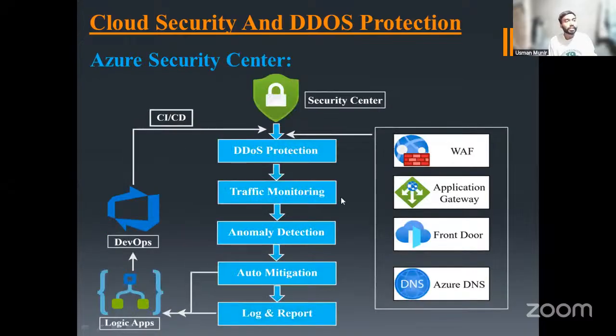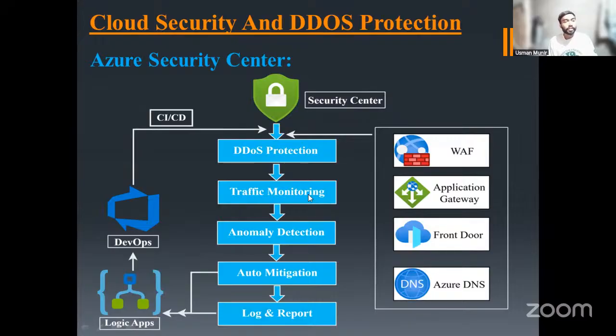In Azure cloud, we will use Azure Security Center services. Azure Security Center helps apply web application firewall, application gateway, front door, or Azure DNS for DNS DDoS attacks. The DDoS protection helps in traffic monitoring.